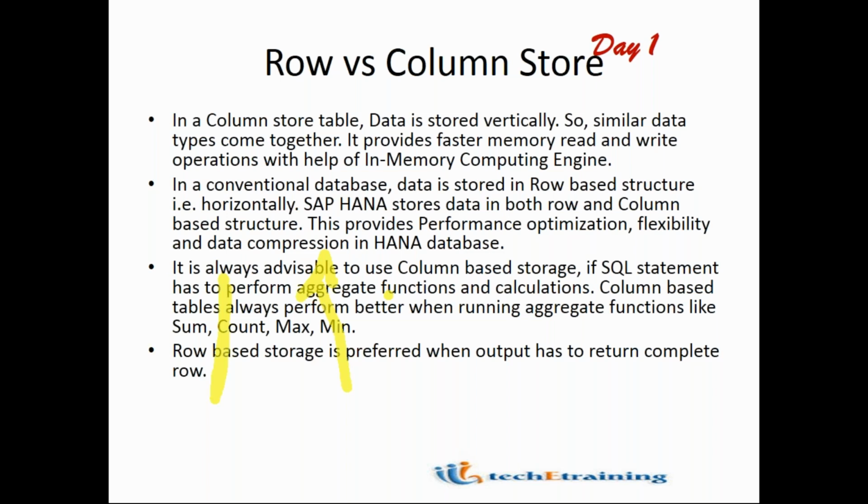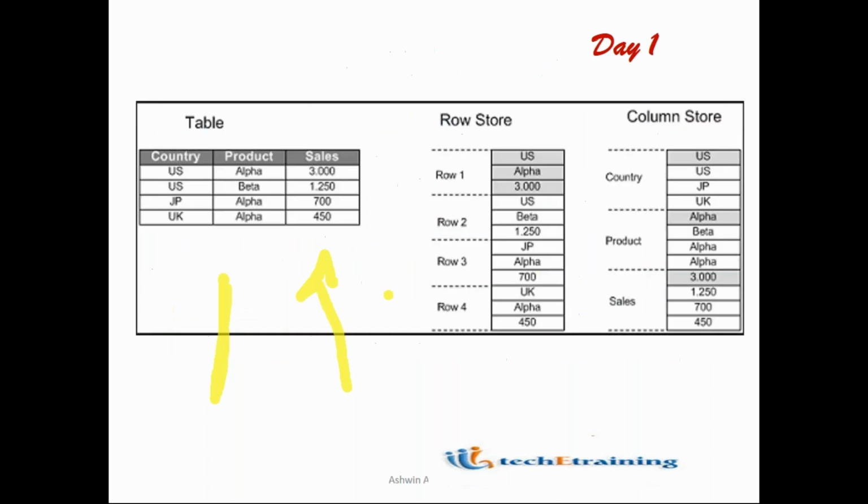Aggregation functions, calculations, calculation engines, everything works on column-based tables only. It will have almost 20 to 30 times better performance than row store in aggregations. Again, a select single is not that effective in a column store. Select single is effective in the row store. This is the concept.